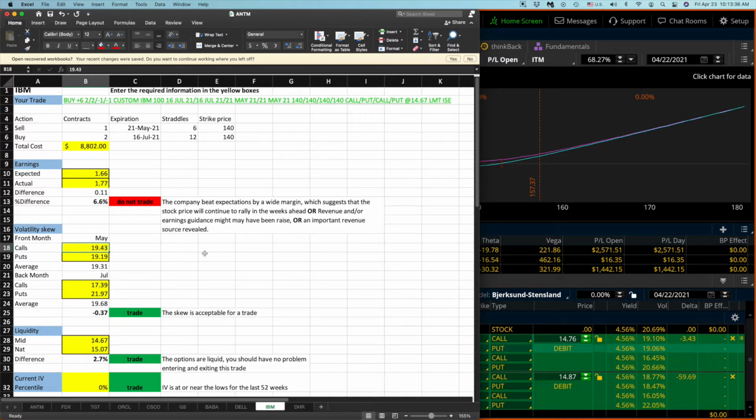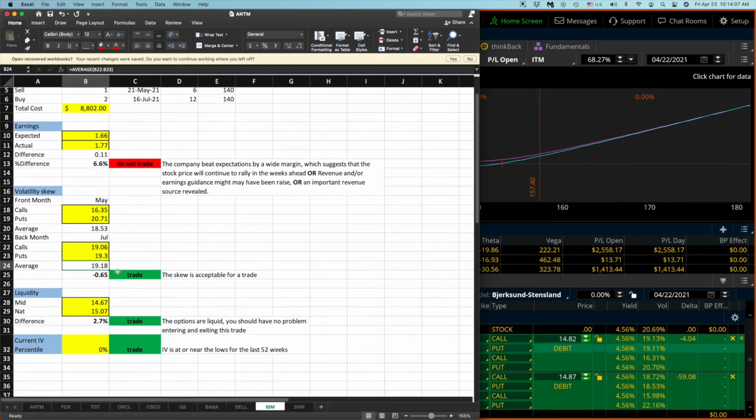The front month is 16.35, 20.71, 19.06, 19.3. Okay. So the difference, as you can see, is minus 65. The skew is acceptable for the trade, even though it's negative, meaning that it's slightly more. The average volatility is more for the back month, but not by much. I consider 3% acceptable, so that's good.